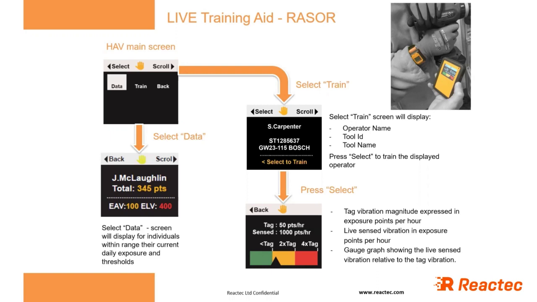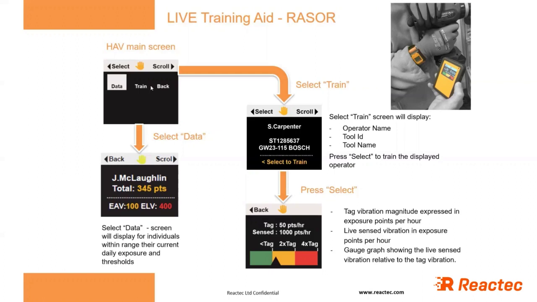So to access the training app, first of all, you go into the HAV main menu from your home page on the RASOR device. You will then see an option of choosing data, train, or to go back to the home page. Data simply means that you will see the data of all the HAVWEAR which are within proximity and what the exposure points is of the person who you are seeing the data for. And this will allow you to check that you're looking at the right person.